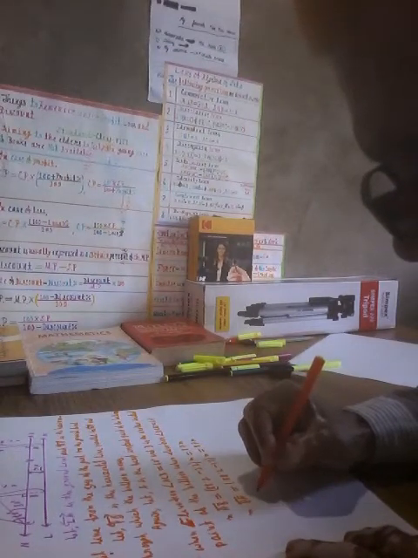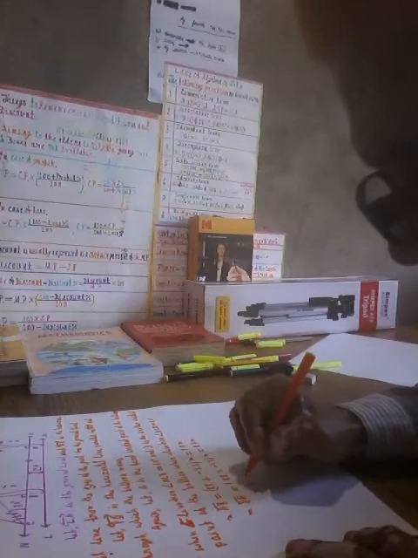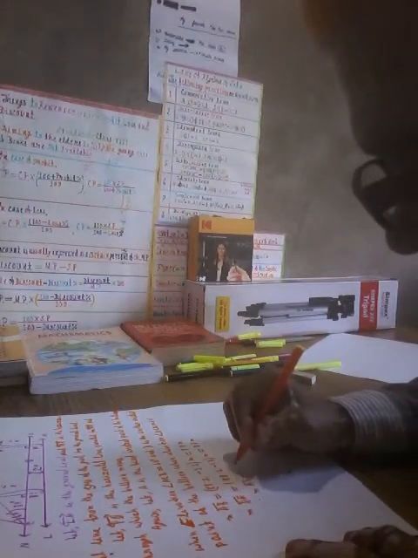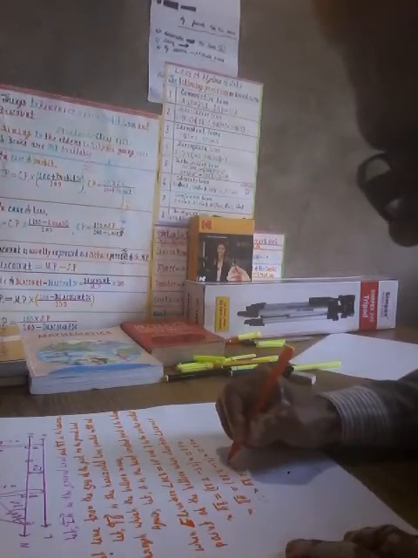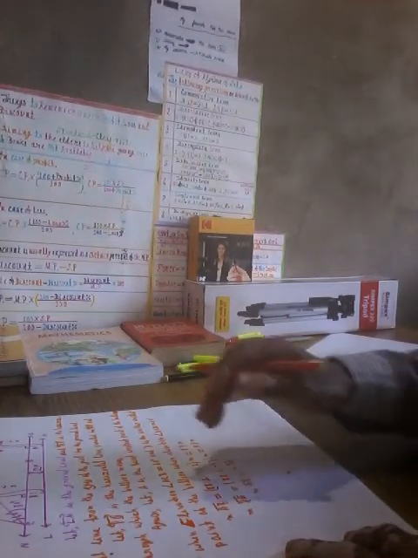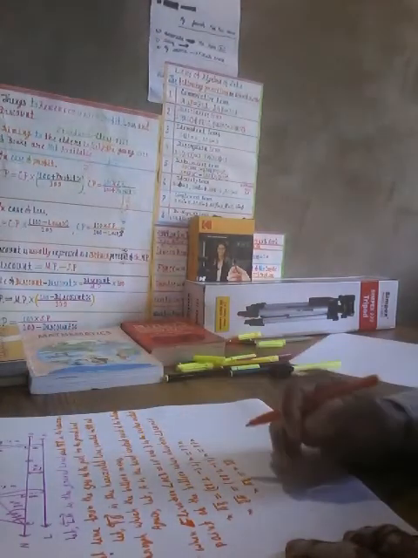Therefore, measure of AB is equal to measure of DE.